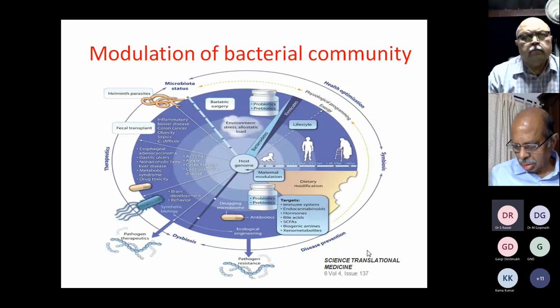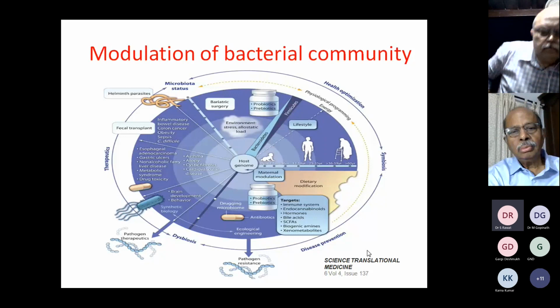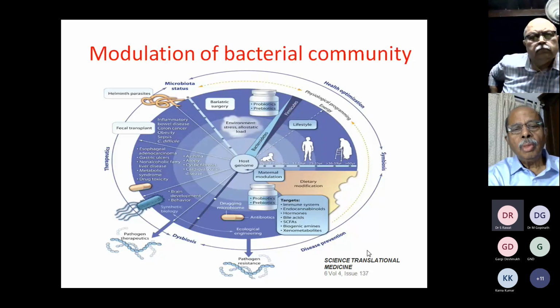They have various categories: probiotics, prebiotics, postbiotics. They do health optimization by promoting symbiosis, that is, without harming the host, sometimes even protecting the host. There is a whole chart which ranges from dysbiosis to eubiosis and symbiosis.